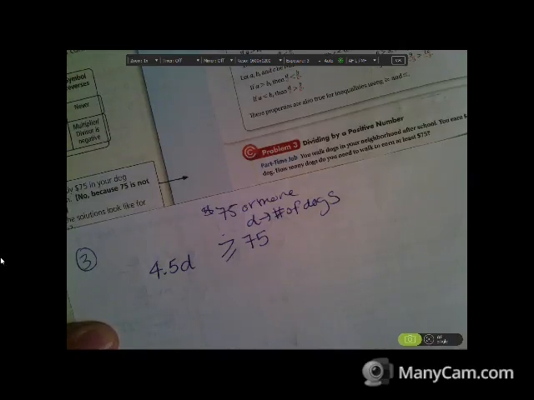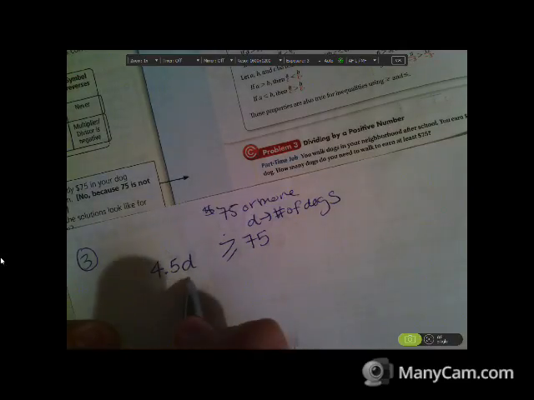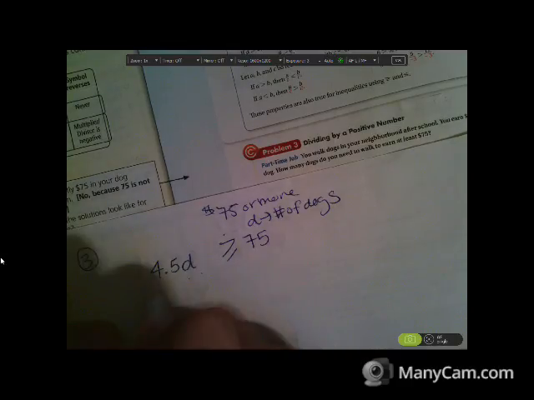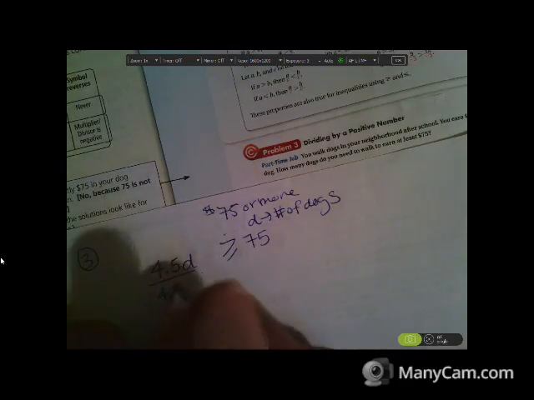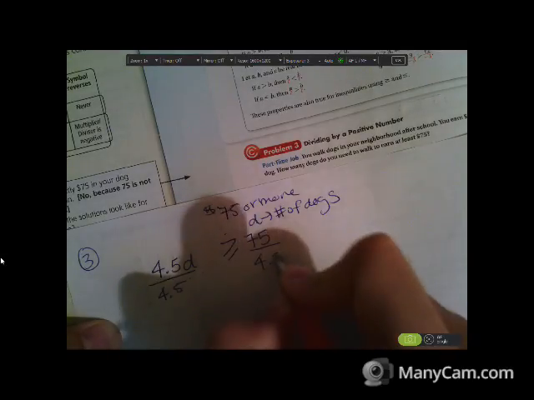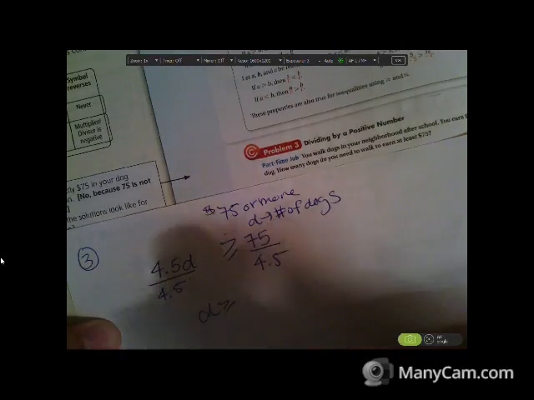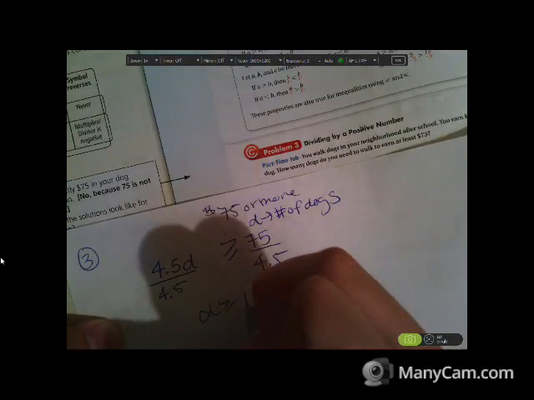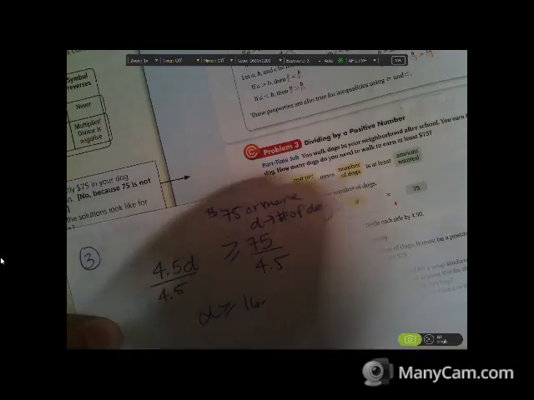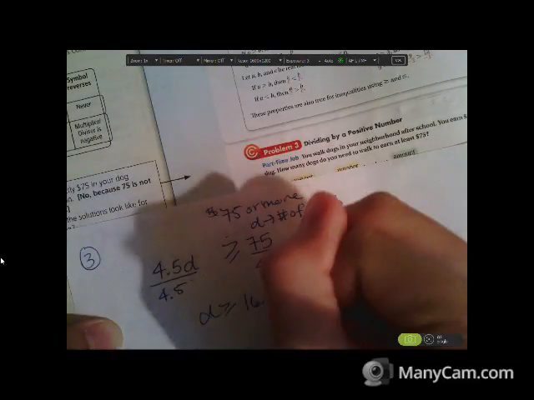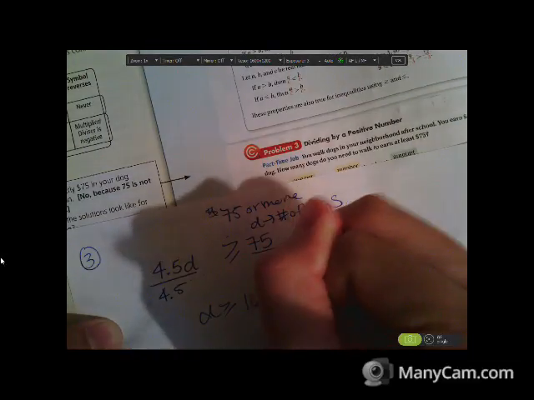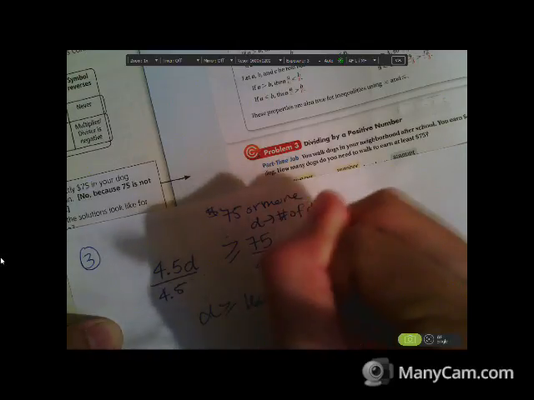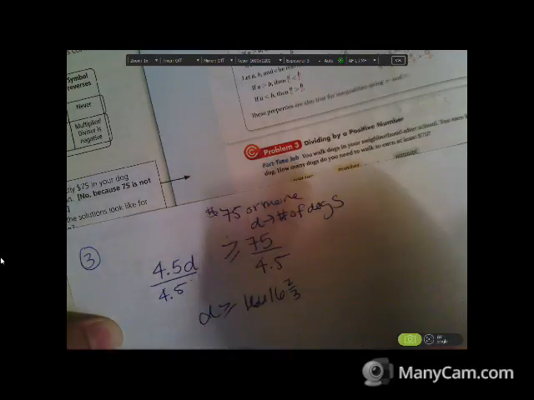So again, we want to solve for D. 4.5 times D. The inverse operation is going to be division. So we're going to divide each side by 4.5. So D is greater than or equal to 75 divided by 4.5, which is 16 2/3.